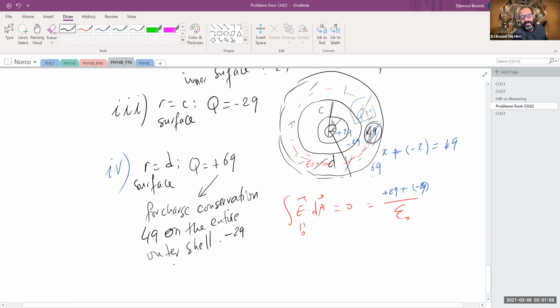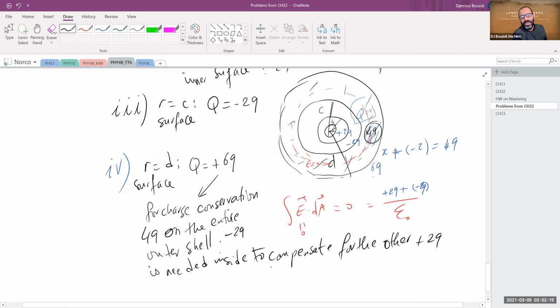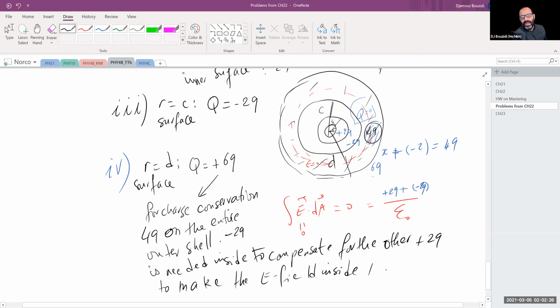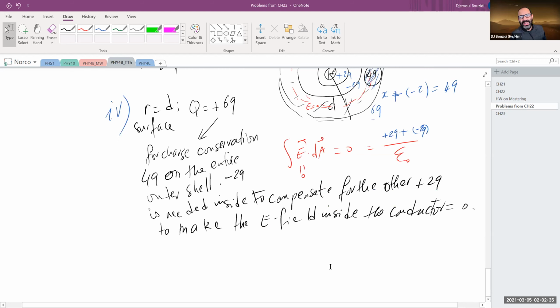Negative 2q is needed inside to compensate for the other positive 2q to make the E field inside the conductor equal to 0.